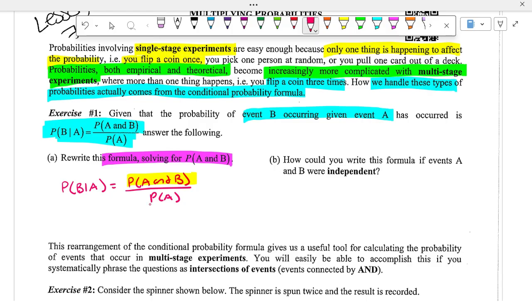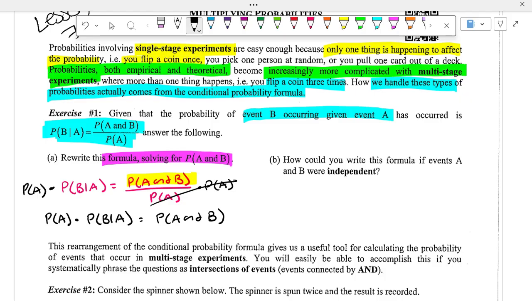So how do I get rid of P of A? You would multiply both sides by P of A, yep. That goes away. I get P of A times P of B given A is equal to P of A and B.